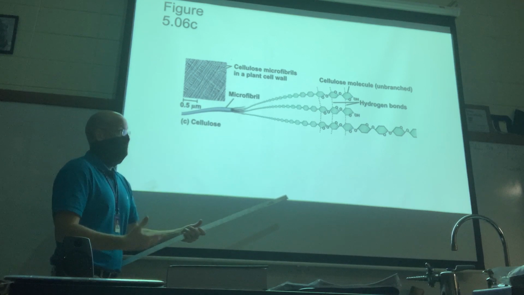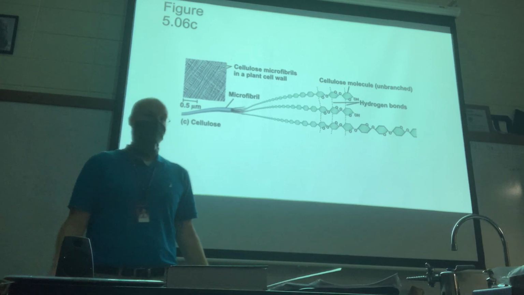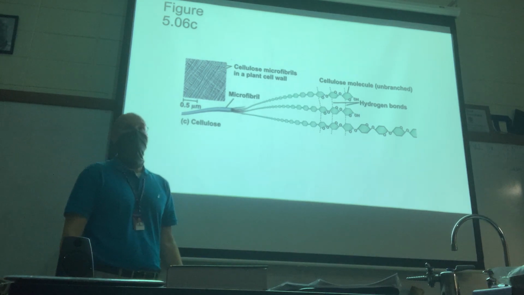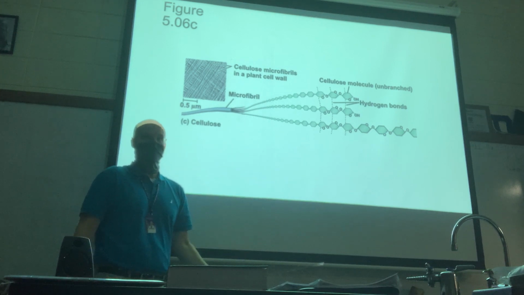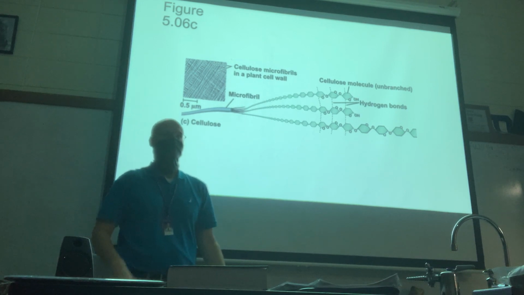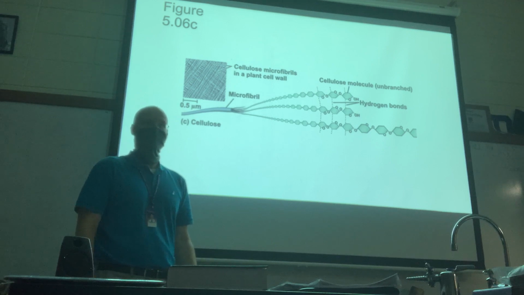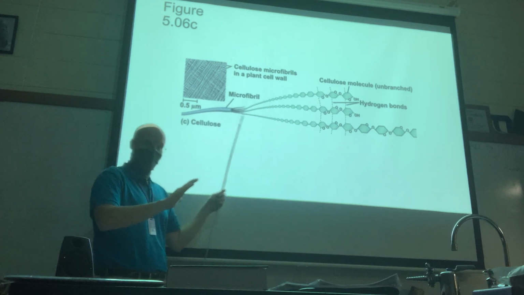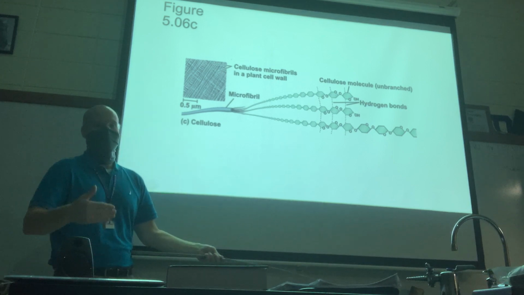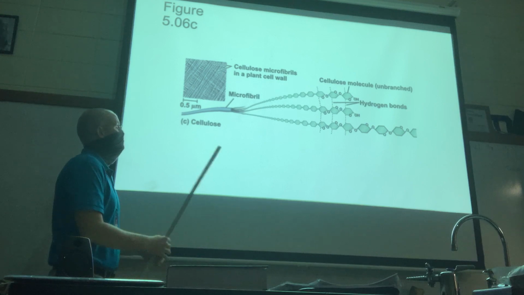So they're very strong, but you still eat them when you eat spinach and lettuce and any plant material. What's the everyday term for when we get cellulose in our diet? They recommend you get a lot of it. Fiber? It's fiber. When they say fiber, they're literally referring to these fibers that the plant makes out of this cellulose material.